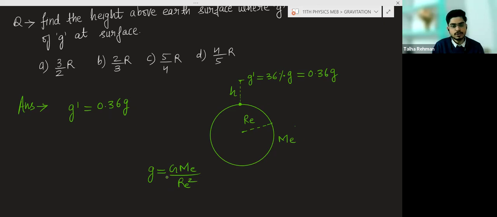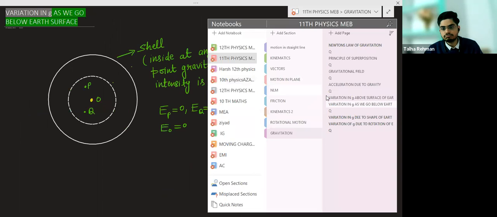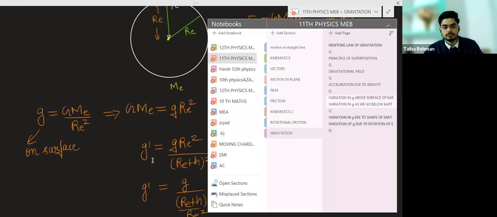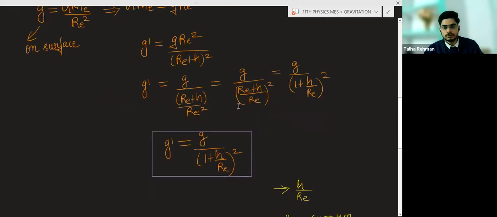So you can use this formula for g dash: g dash is equal to g divided by (1 plus h by Re) square.